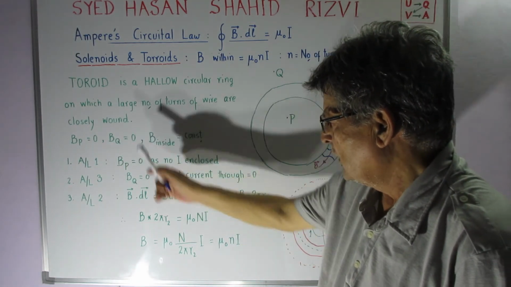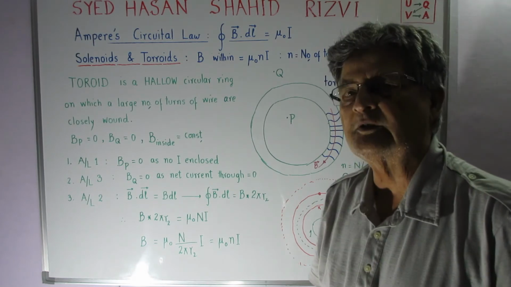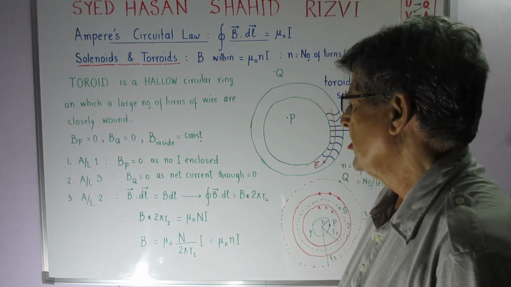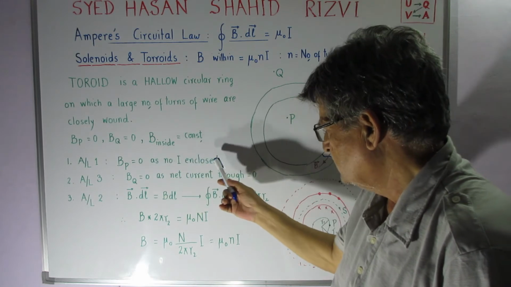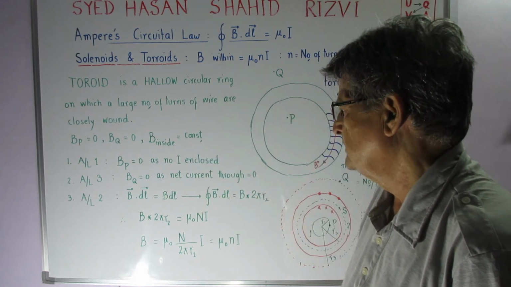The value of B·dl is also equal to 0, but for a different reason. In the first case there is no current enclosed.